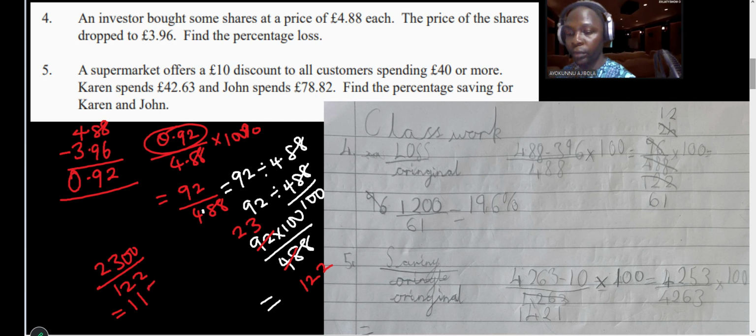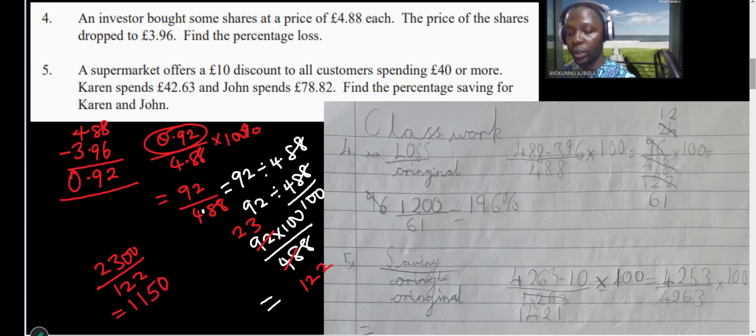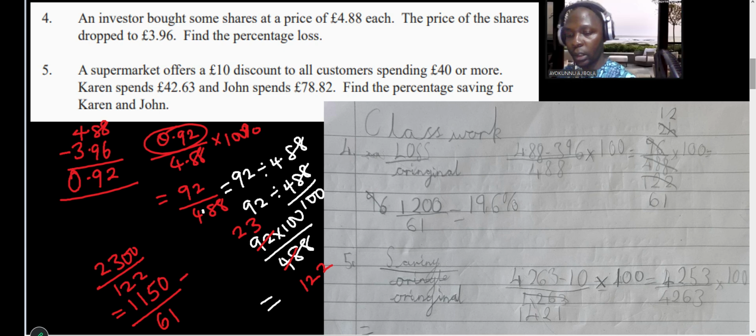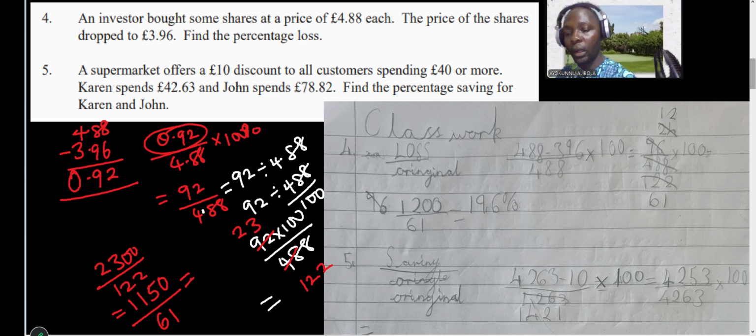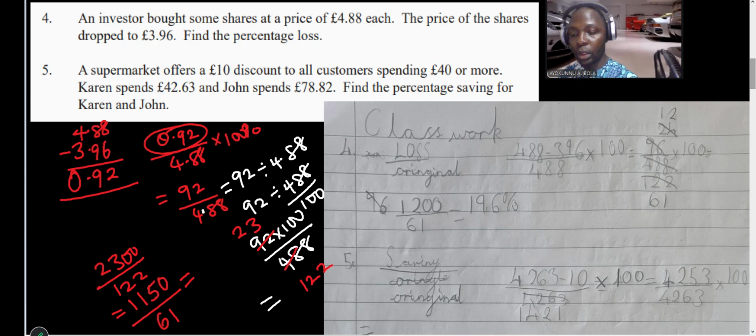That's another 8, okay? Then 61 times 8 again. That's 488. Take it away from 520. You have 32. Now in 320, how many 61? That's 5, which is 305. So the answer is 18.85, okay?